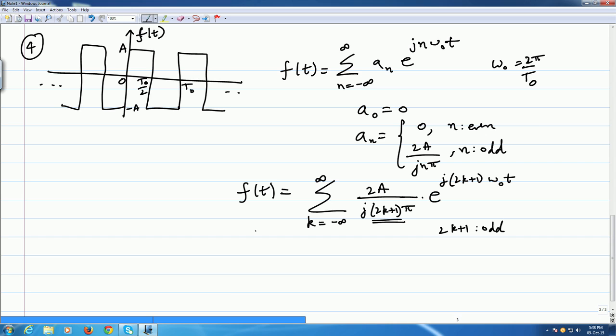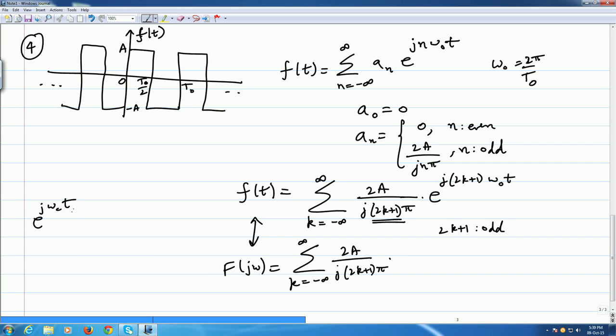Once you have this form, the Fourier transform is easy to find, and this is just a question of writing it down in a straightforward way. Sum over k equals minus infinity to infinity of 2a by j 2k plus 1 pi comes by its own, and e power j omega c t has the transform 2 pi delta omega minus omega c. So, you can write this as 2 pi times delta omega minus 2k plus 1 omega naught.